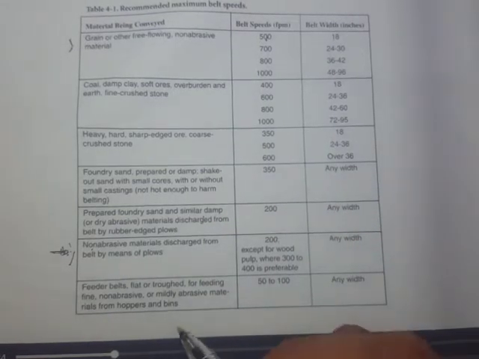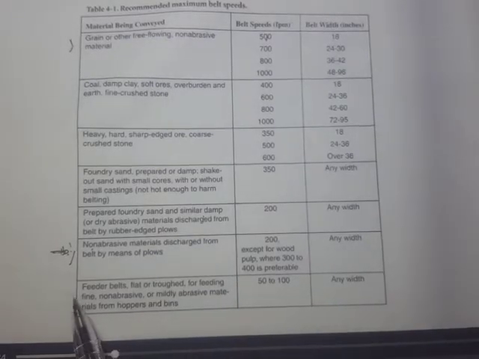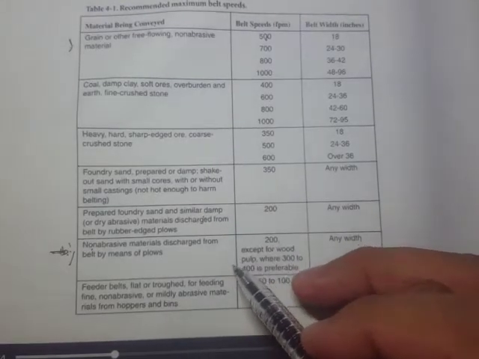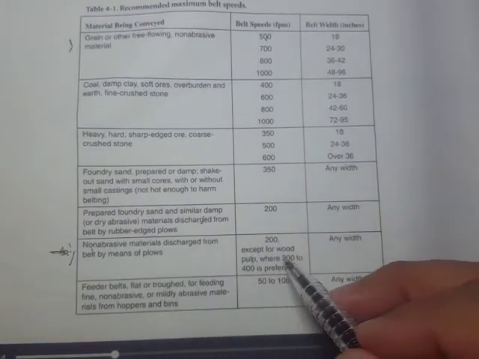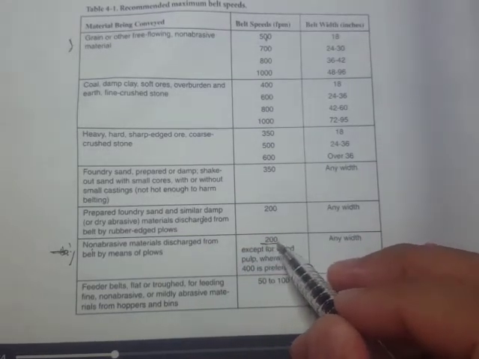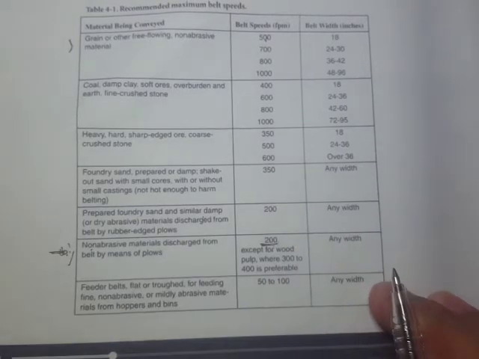So it's more like wood as well. It has a heating value, maybe not close to wood, but quite high as well. Okay, so anyway, for us here, we'll just use 200 feet per minute.